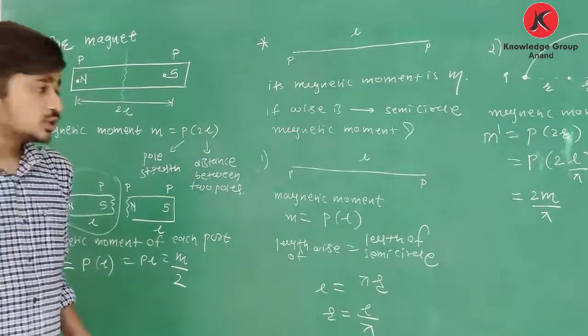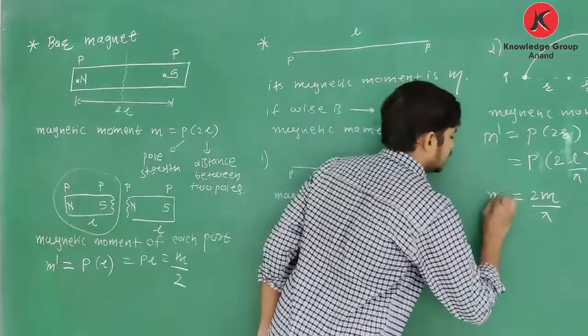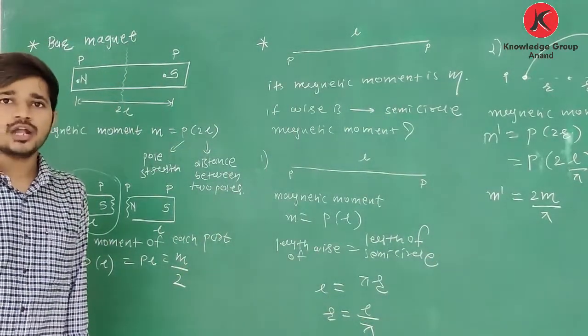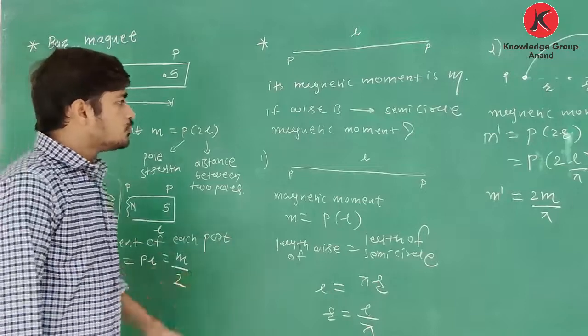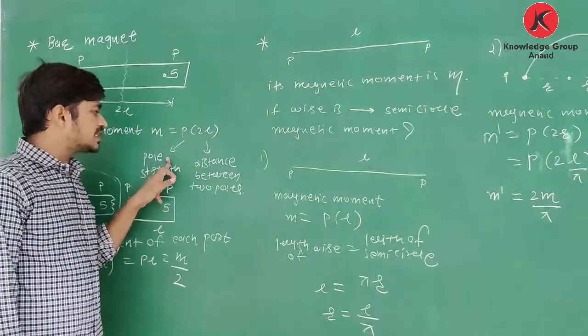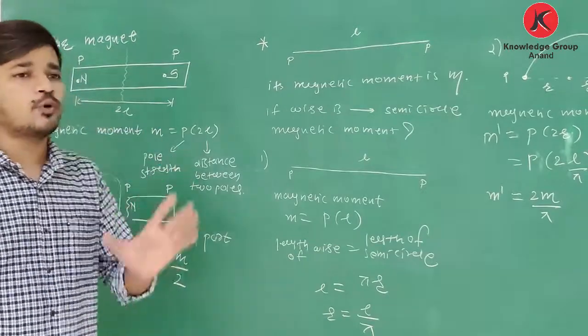Clear about this? So it is the magnetic moment of this semicircular arc. How to solve such questions? You have to remember this equation: magnetic moment means pole strength into distance between two poles.